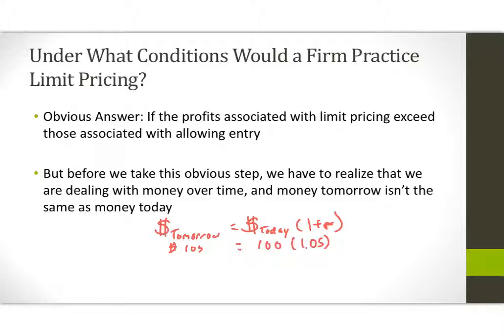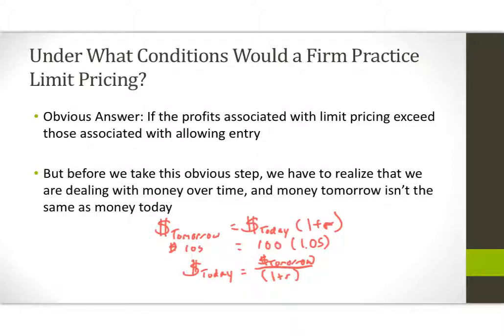But when the firm's making the decision whether to limit price, they're making the decision today. So we actually want to measure all of those future benefits in terms of today's dollars. So we want to basically take this formula and rearrange it so that we have a formula for money today. So our formula is going to look like money today is equal to money tomorrow divided by 1 plus the interest rate.